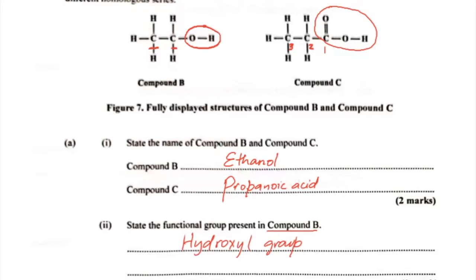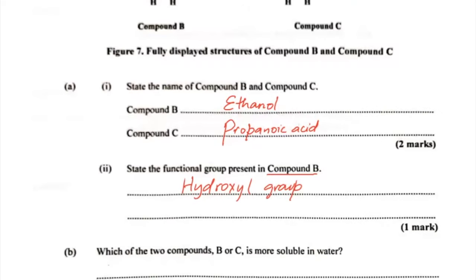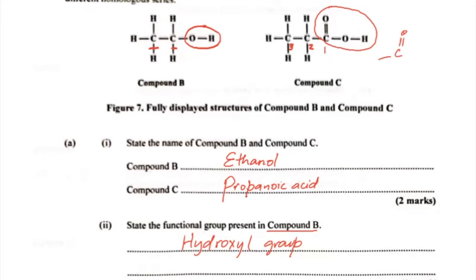Which of the 2 compounds, B or C, is more soluble in water? This would be compound C. The alcohol would be soluble, but the carboxylic acid is more soluble, given that it has the C double bond O and the OH group. This part is slightly negative. There's polarity there.